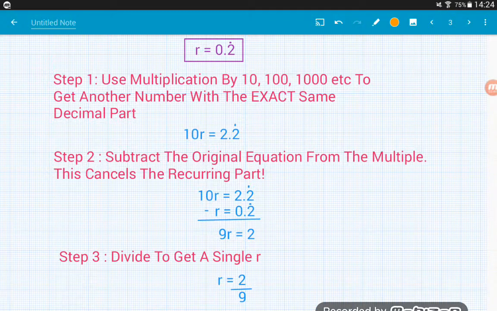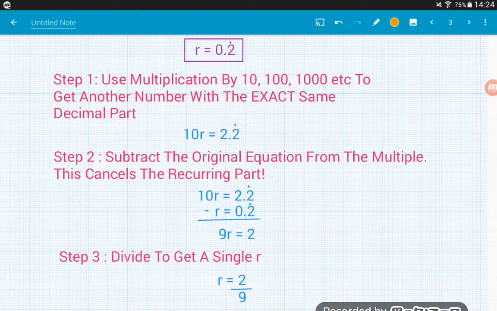So we're going to say that R equals 0.2 recurring, and we want to convert that into a fraction. The first thing we need to do is multiply R by some multiple of 10. We're only ever multiplying by multiples of 10 when we play this game.